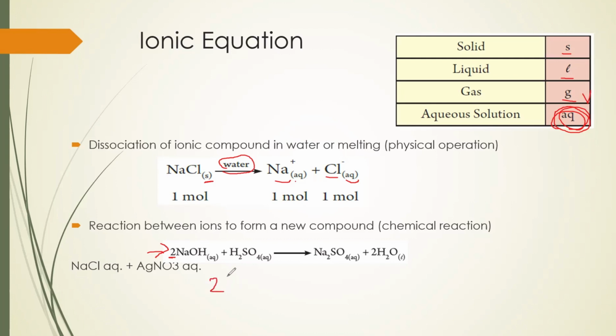The ions of this aqueous compound are 2 Na positive plus 2 OH, hydroxide ion, negative 1, and both are aqueous.